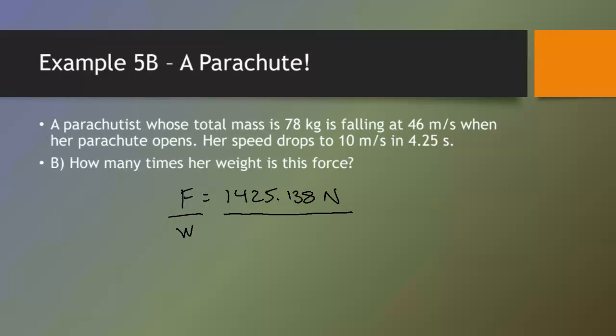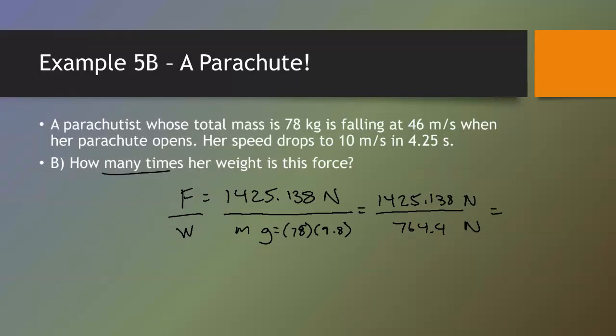Her weight is mass times the acceleration due to gravity, mg, which is 78 times 9.8, that's 764.4. So that's 1425.138 divided by 764.4. These will both be in newtons because we're just finding a ratio. How many times her weight is the force? You would find that it's 1.86 times.